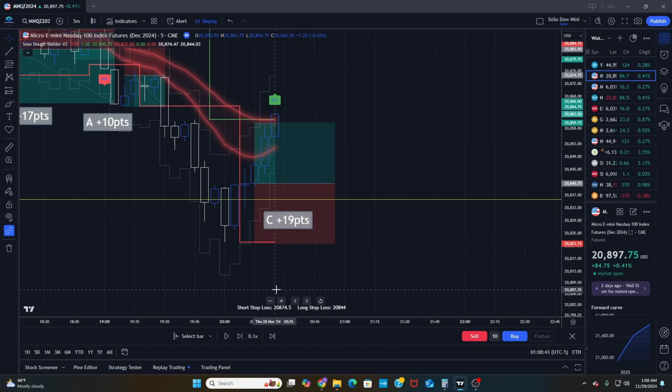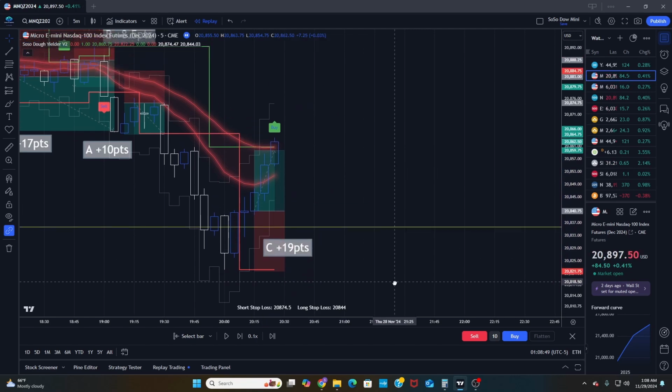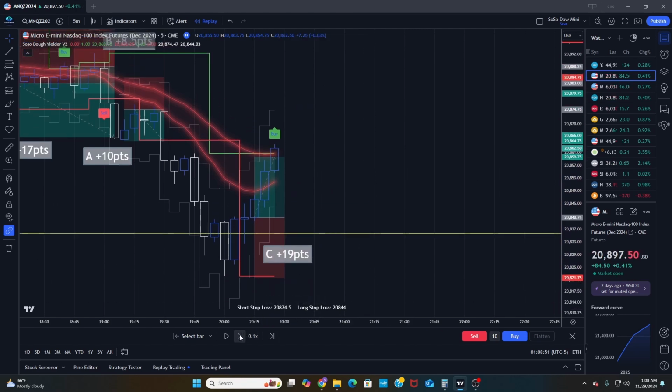All right, what time is it now? So it's 8:30, 8:25 on the chart. Okay, so here we have a downtrend, and we got a signal in the opposite direction, so technically that's a B entry.